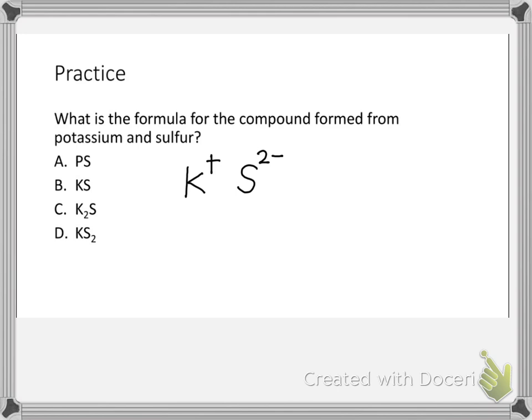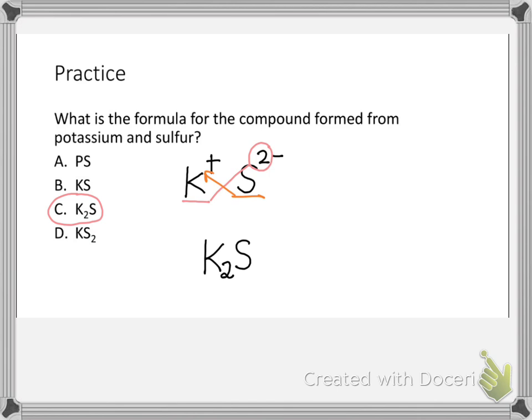So I can see it's going to take 2 potassium. But if you can't see it, do a shortcut. Potassium is going to take 2, which then it has to be letter C. And then sulfur is going to take 1. So we have K2S. So letter C. If you got letter C, you did it.